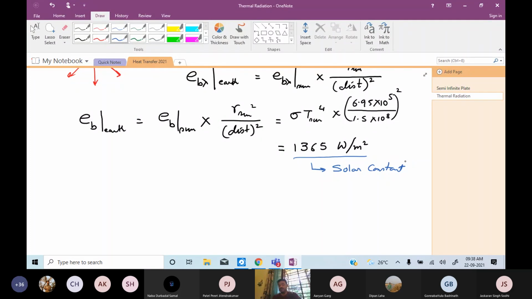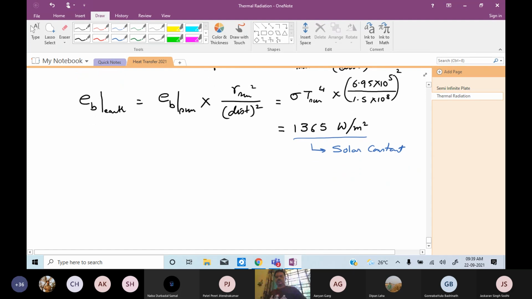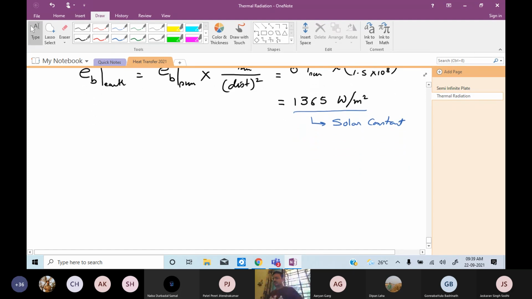If you calculate EB, which is the emissive power of the sun, assuming that temperature to be 5779 Kelvin, you are going to get something in the order of 10 to the power 7 watt per meter squared. But as you can see, it gets attenuated quite a bit because of this distance. All right, so that's the problem. And through this problem, I wanted to also talk a bit about solar energy.